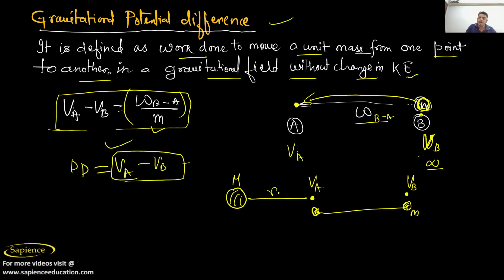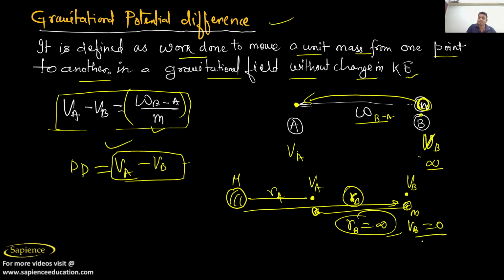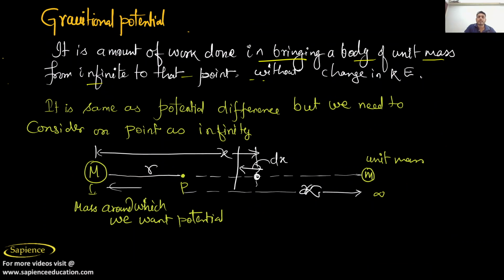Suppose earlier RA and RB were the distances. Now I am considering RB to be an infinite distance. If it is infinite distance, definitely potential VB will be 0, because at infinite distance there is no chance to experience a gravitational force. If there is no gravitational force, we don't need the work. So now if you consider this, then you will get a potential.